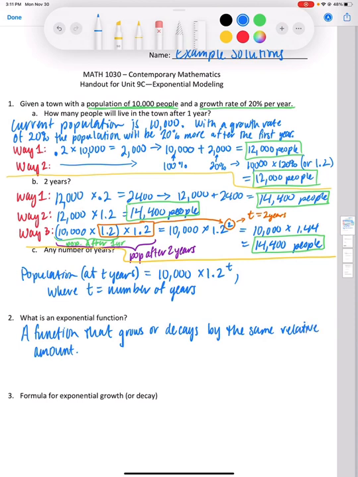You take 20% of everything that's there and add that on. So we'll keep growing faster at a faster rate.